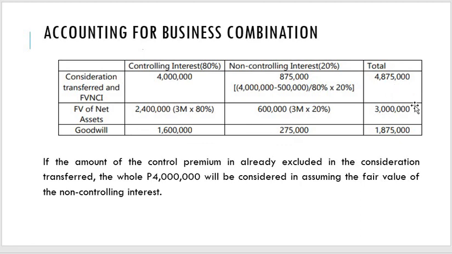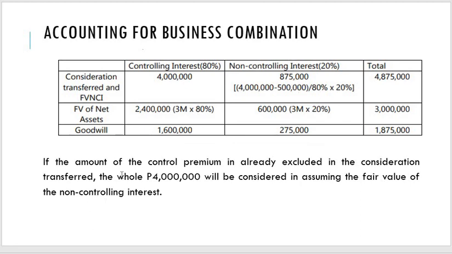Deduct fair value of net assets, you have goodwill of 1,875,000. Then the goodwill share of the controlling interest is 1.6 million and the share of the non-controlling interest is 275,000. So, in summary, the goodwill is 1,875,000, and the non-controlling interest as computed earlier is 875,000.